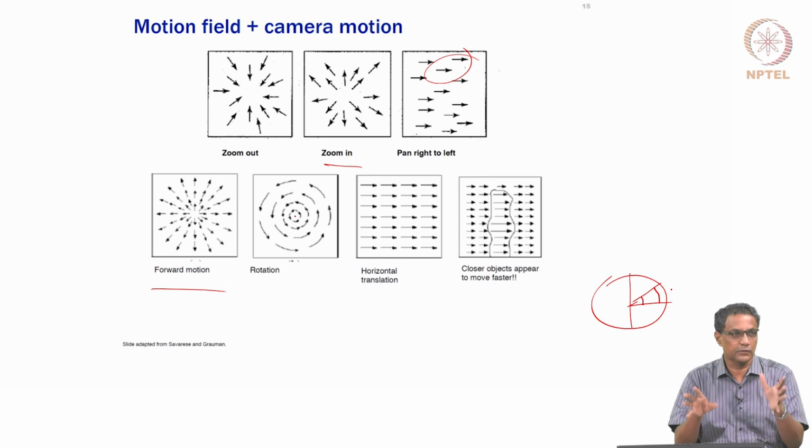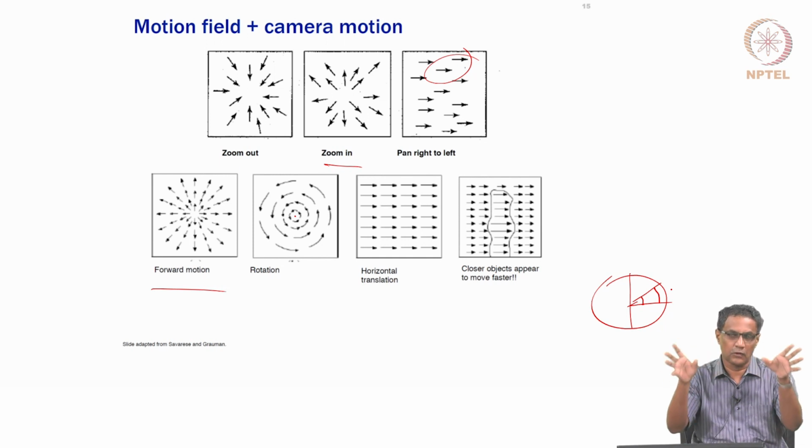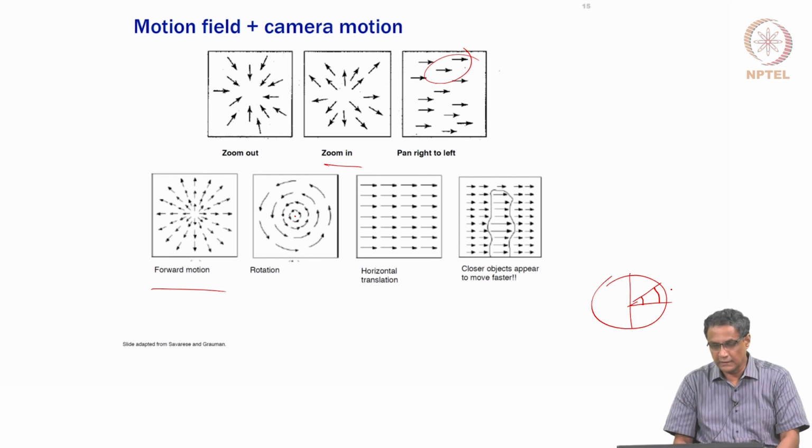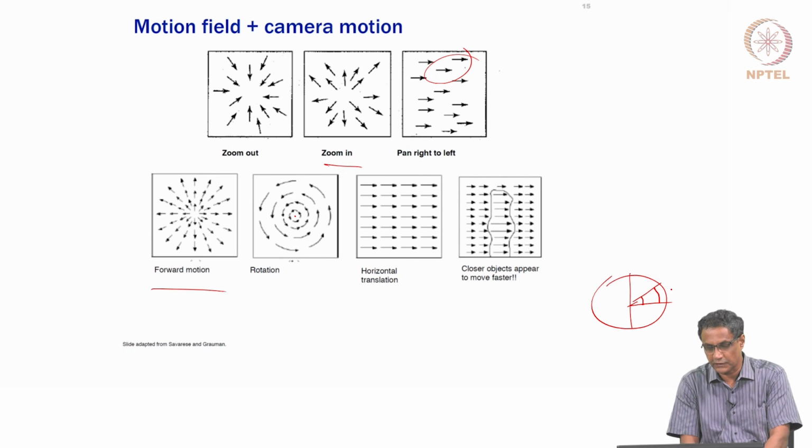That's why in a rotation the optical flow vectors are longer as you go outwards to the boundary, and they also indicate a direction, which tells you there is a rotational motion going on.